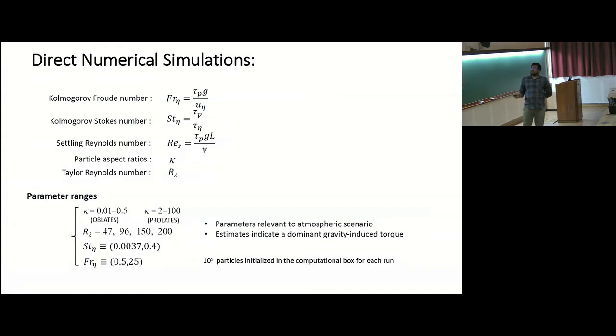One thing to notice is that all the parameters considered for this study are relevant to the atmospheric scenario. Particles in turbulence can occur in a variety of fields, but the simulations are for the atmospheric cases. An order of magnitude analysis indicates that we will get a dominant gravity-induced torque. We consider 10 to the power 5 particles in our computational box for each run.